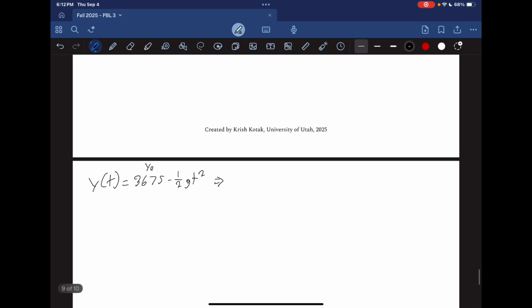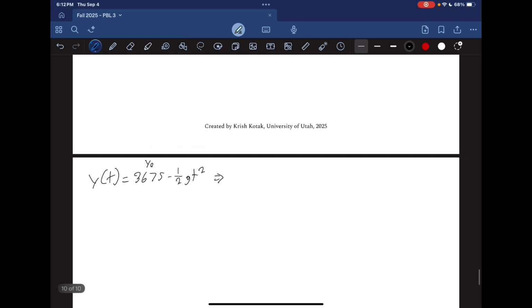And then we can rearrange this because we know that the final y, where it's going to end up, has a value 3375. So 3375 minus 3675 is going to be negative 300 is equal to negative 1/2 g t squared.